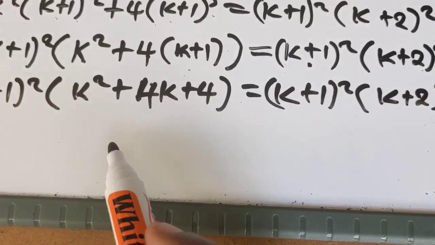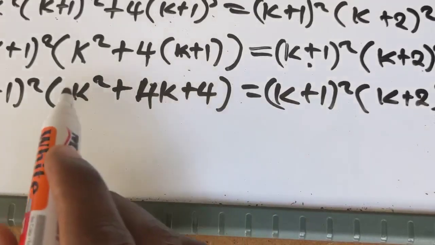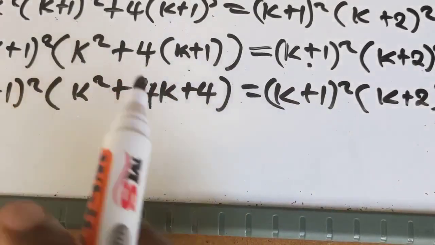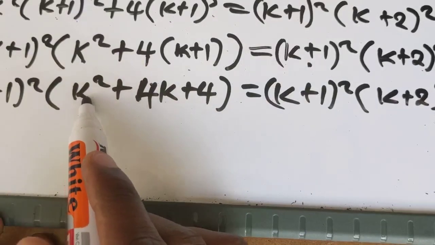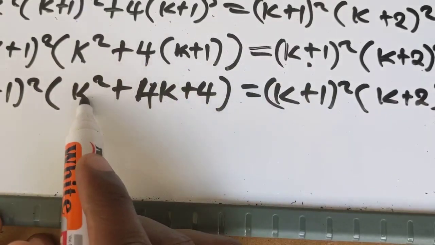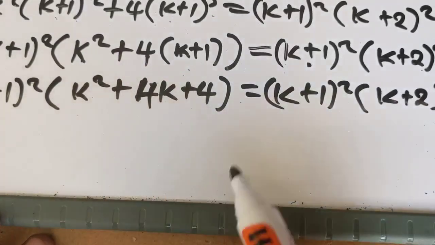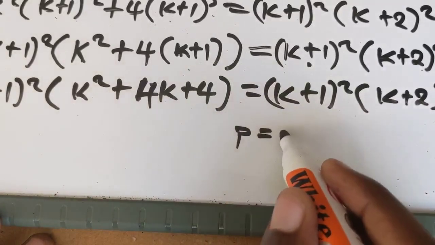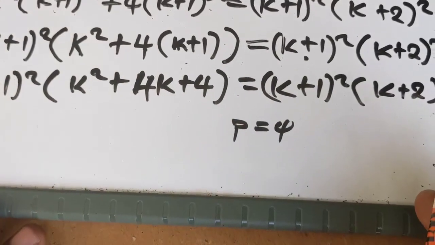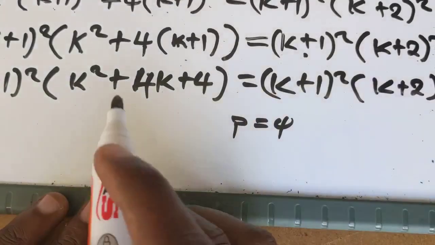The product is 1 times 4, that is the product. You find that it is 4. Now you need to find the factors.